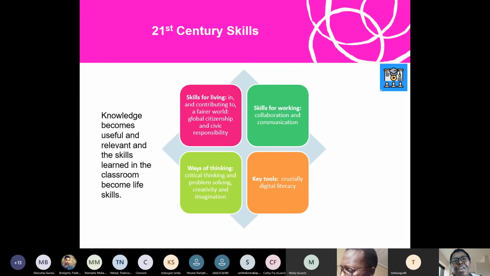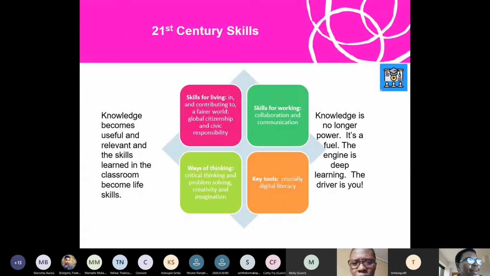So it becomes very, very important that the core skills, the knowledge that we're going to be imparting and discussing in this session, basically be part of our classroom. Let's make it a point that whatever we gain in these sessions, we take it to our classrooms, okay? It's part of life skills.